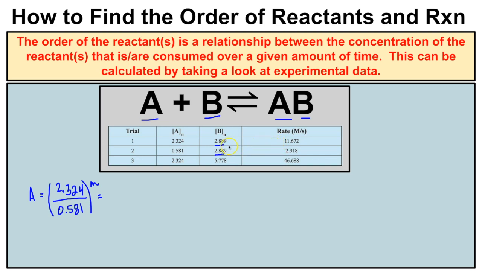If we're holding B constant, then we'll see that the rate is changing depending on the concentration of A. So we're going to take the higher of these two values and put it in our numerator, 11.672, and divide this by the smaller of our two values, 2.918.